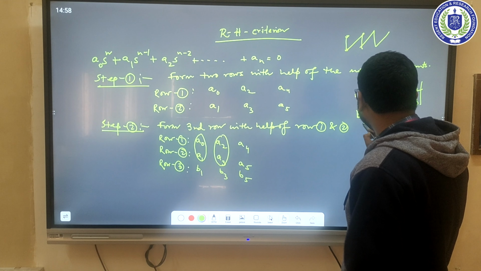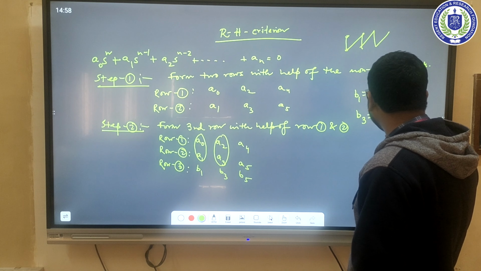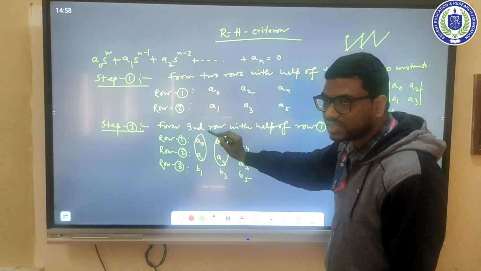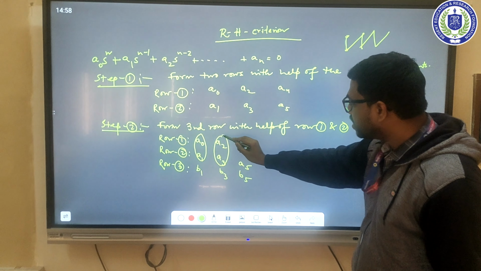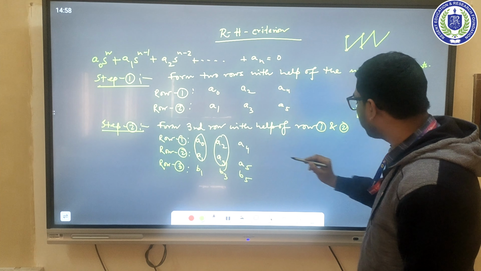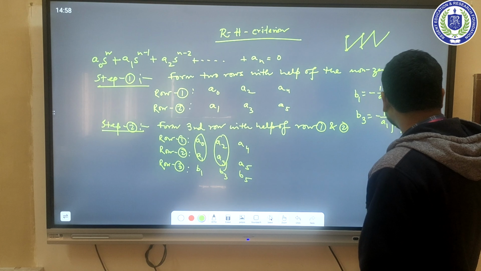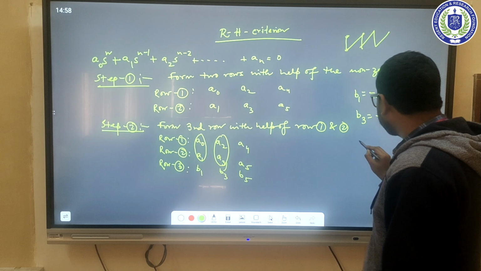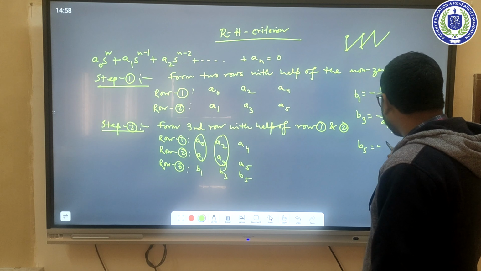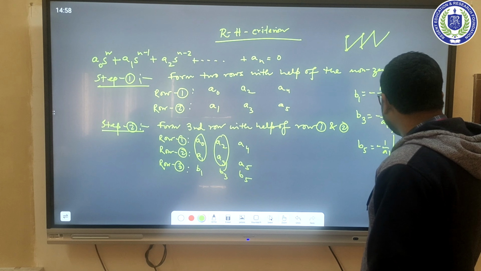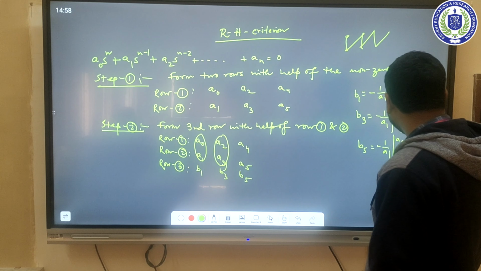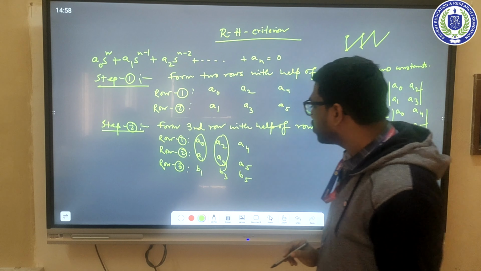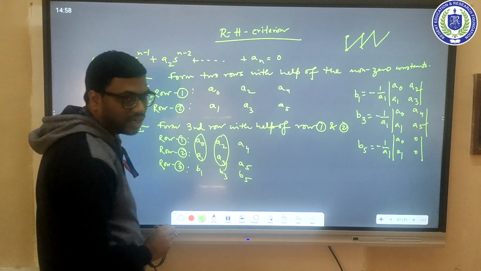B3 equals minus 1 by A1 times the determinant, where A0, A1 are fixed, and instead of this we write A4, A5. Similarly B5 is minus 1 by A1, with A0, A1 fixed, and there is no element, so make it 0, 0. Clear? So this is how we form the third row.